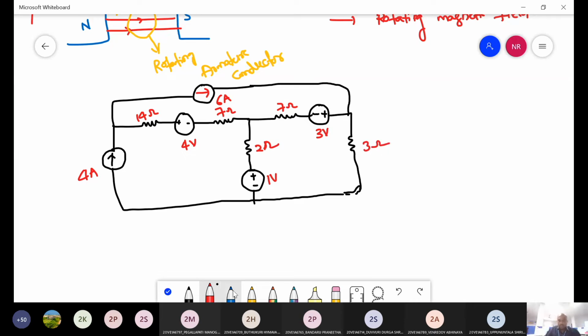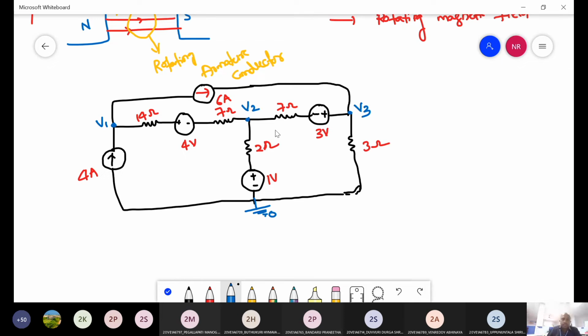So here in this problem we will consider this as the zero node. Then here it is V1, V2 and V3. These are the three nodes. On the three nodes I am putting V1, V2, V3, right?